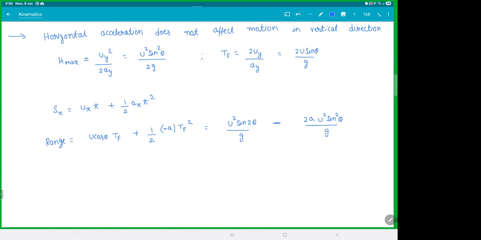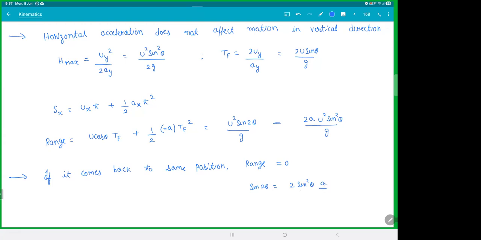Now, if it comes back to the same position, range must be 0. So if you put range equal to 0, you end up with sine 2 theta must be equal to 2 sine square theta.